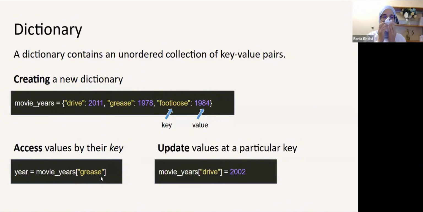Now let's think of updating the value of one of the elements of the dictionary. How do we update that? I know how to access, okay? I'm using the square brackets and I'm giving the key. So for this movie years dictionary, I'm accessing the element that has the key drive.